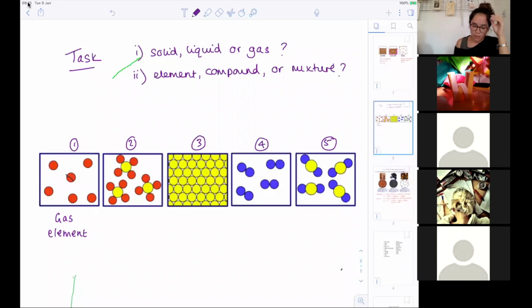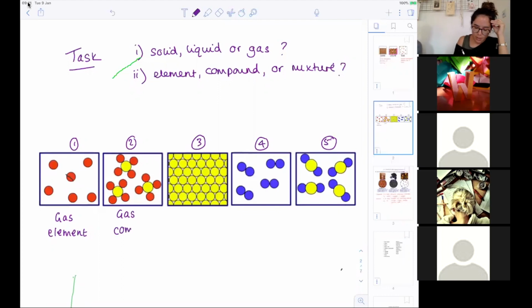Well done, everyone. Okay, box 2, we have a gas again because those molecules aren't touching. But we also have a compound, and that's because you can see that we have 2 different types of element present. Okay, moving on to box 3, we have a solid due to the close arrangement of particles, and we have an element because we have only one type of atom.